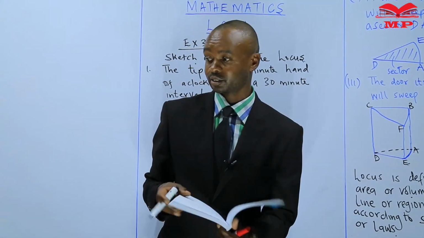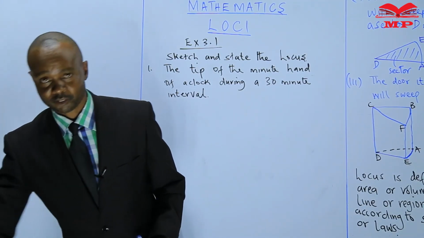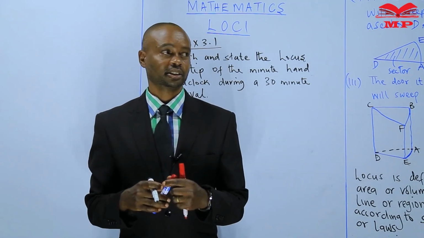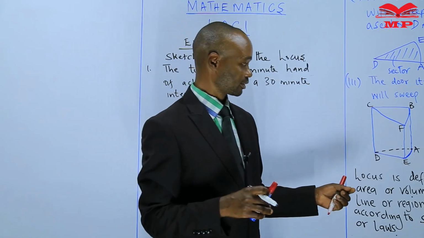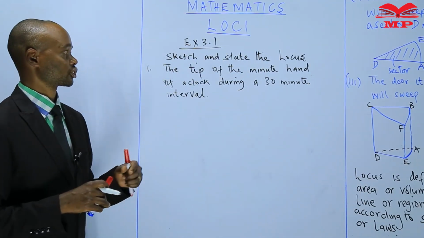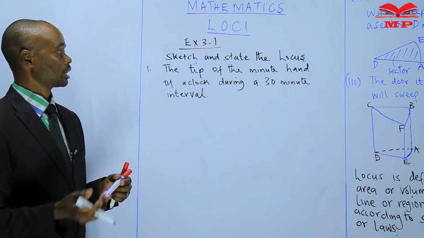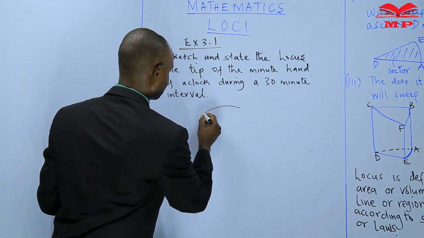So the conditions there are very clear, isn't it? From the definition of a locus, there is a law that is guiding us, that 30-minute interval. So to do that, we have to sketch the clock face.